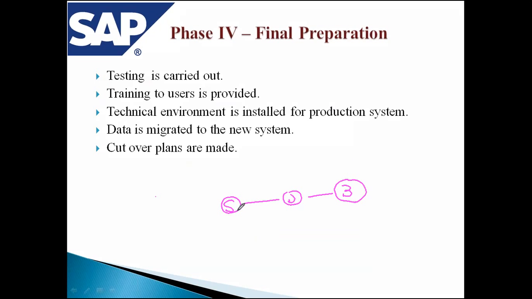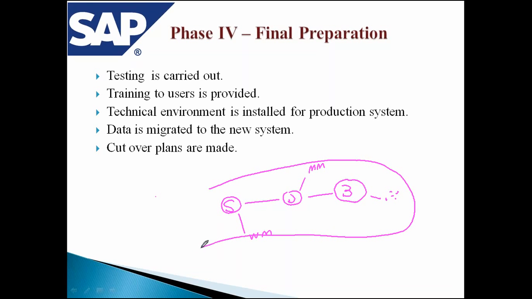So in order to sell, it needs to connect to WM. In order to deliver, it needs to connect to MM. In order to bill, it needs to connect to FI. So we run the test transaction which covers the entire SD cycle, and which has a reflection in the other modules since we do the integrations.